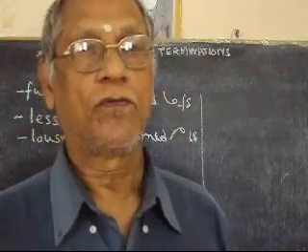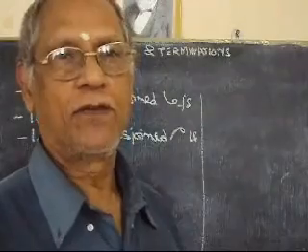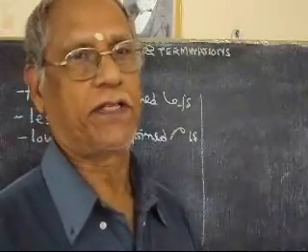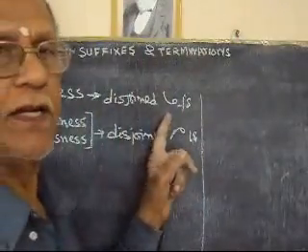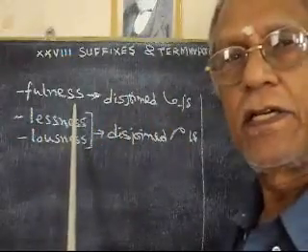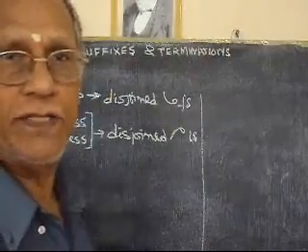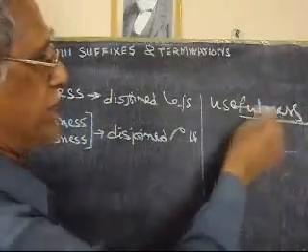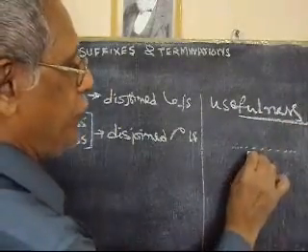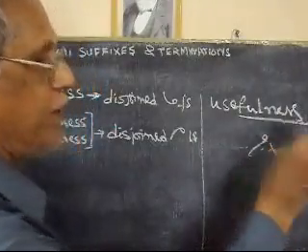Stroke ish. Fullness: carefulness, usefulness. Fullness will come as a suffix. That is expressed by disjoined F surplus. Usefulness.